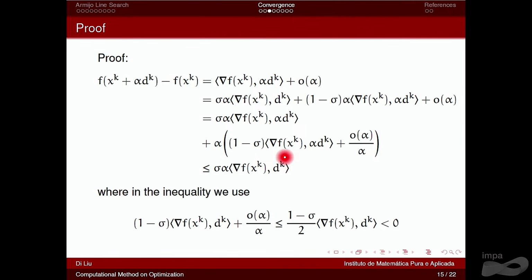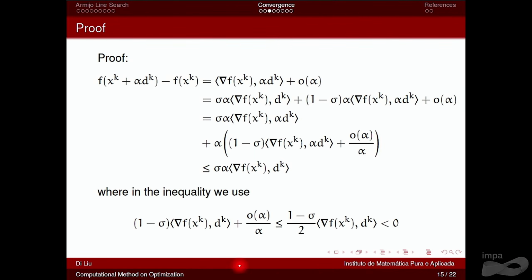And this term is less than or equal to this term, just because of this inequality, okay? Because this term is small enough, and we assume that d_k is a descent direction, so this inner product is strictly less than 0.